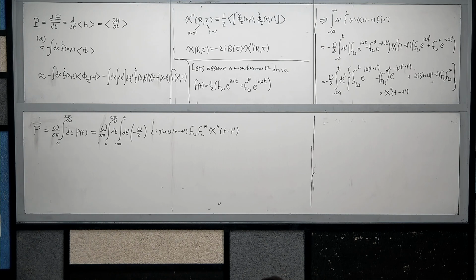You can probably see it from the equations. Let's see first if I have something written down here.